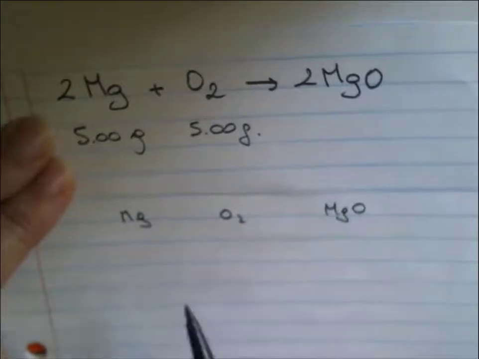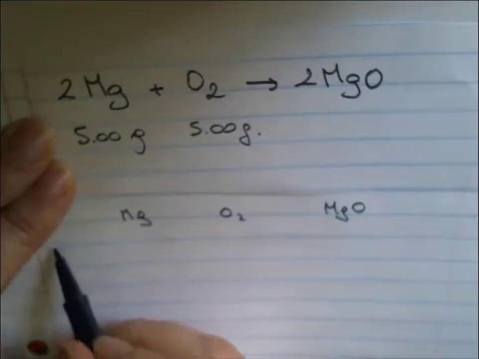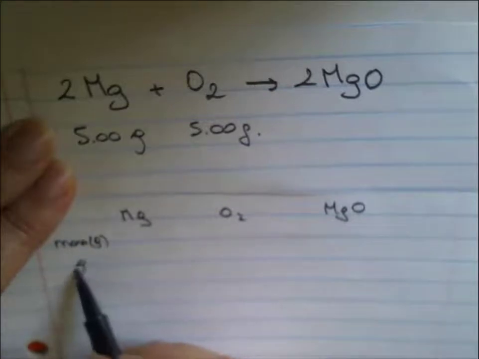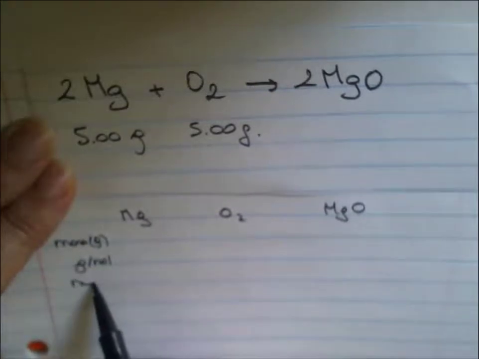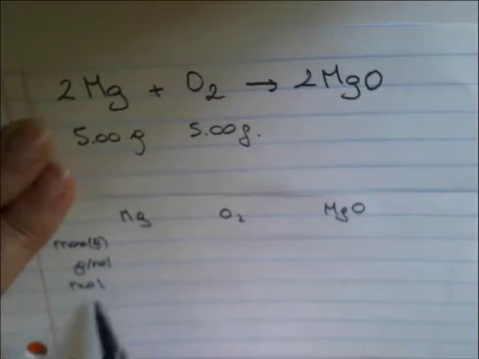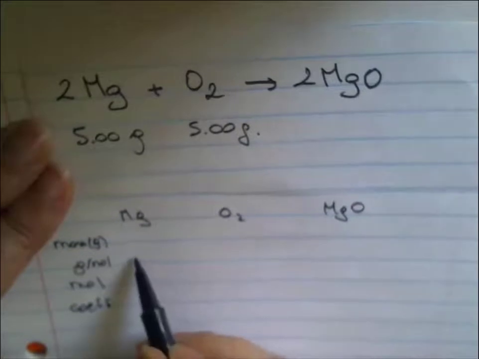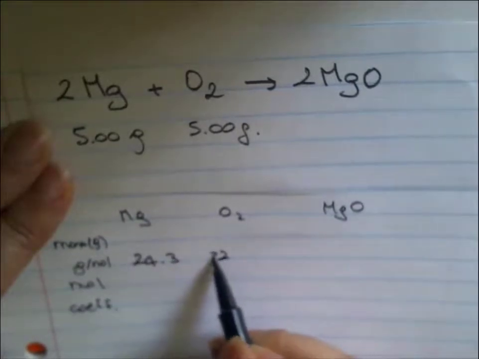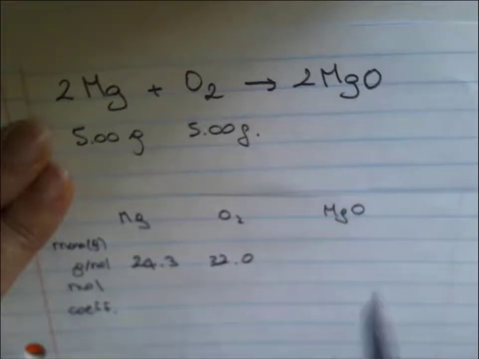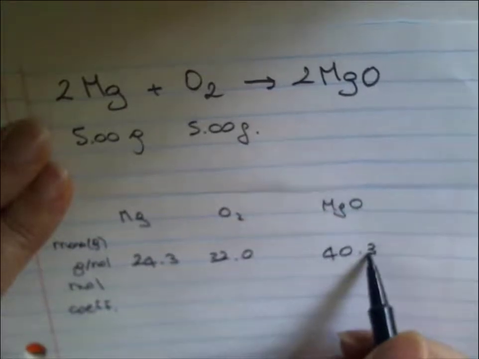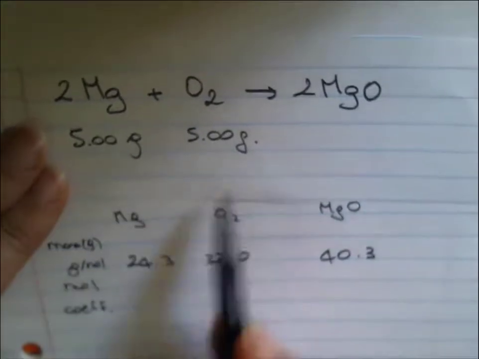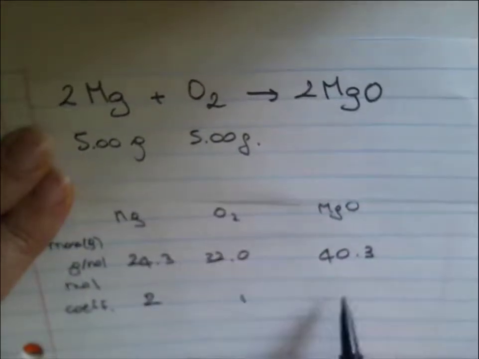I can set it up with the mass in grams, the molar mass in grams per mole, then my moles, and my coefficients. Now, the molar mass can be plugged in, so 24.3, 32.0, and then 40.3. And the coefficients are filled in from the chemical equation, so 2, 1, 2.